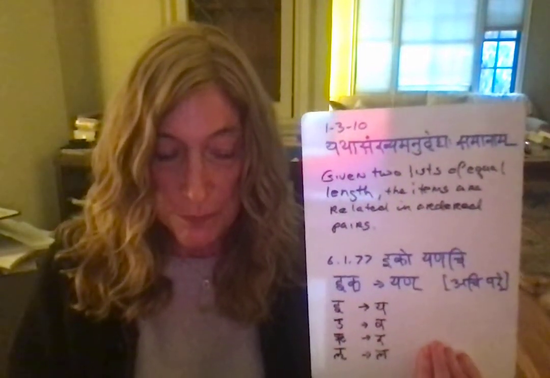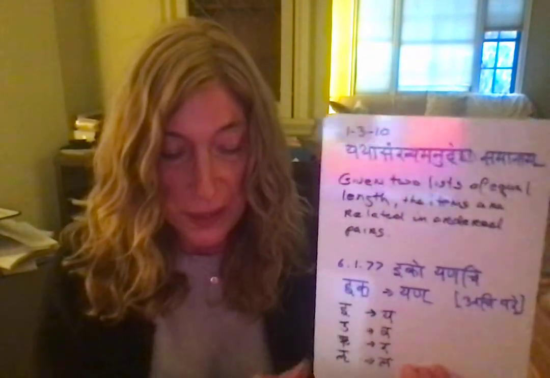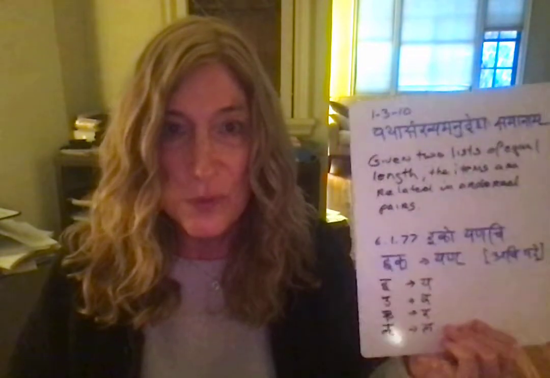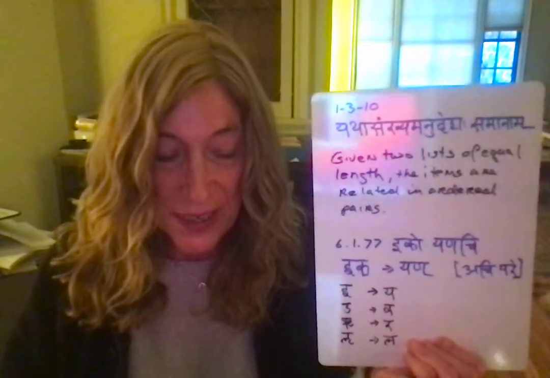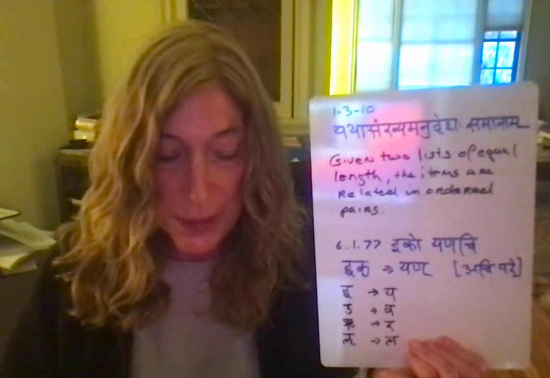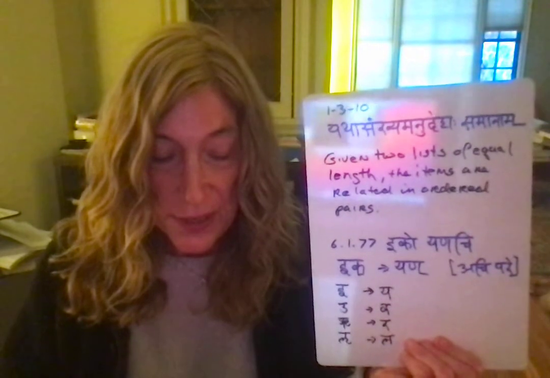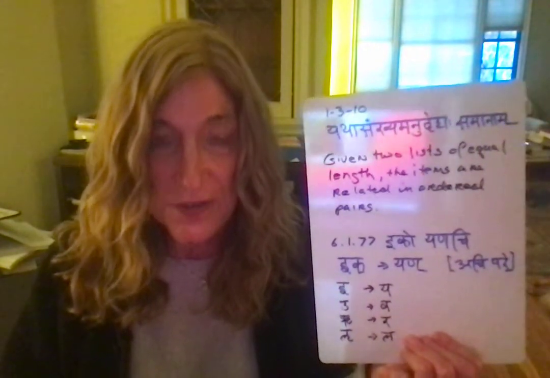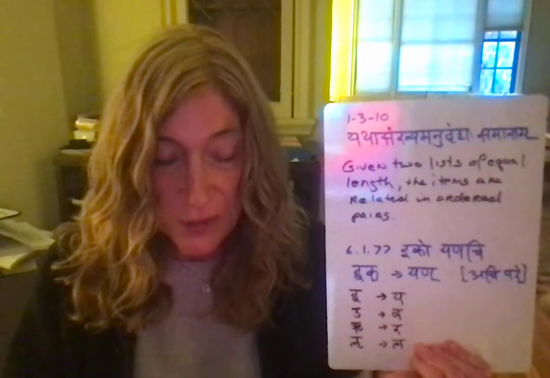So if you take the pratyaharas apart, ik, i, u, r, l is replaced by ya, va, ra, la. Those are two lists of equal length, and they're related in ordered pairs.